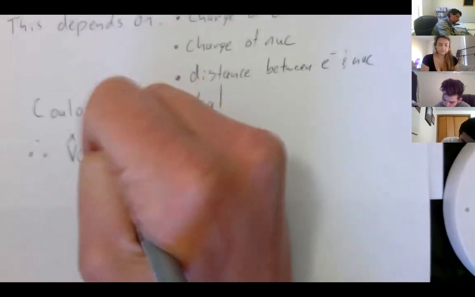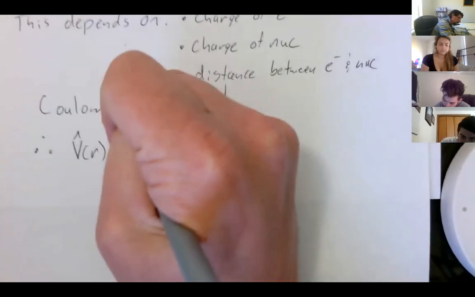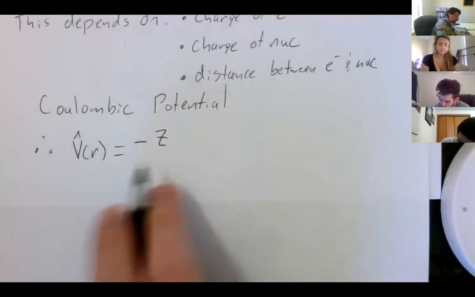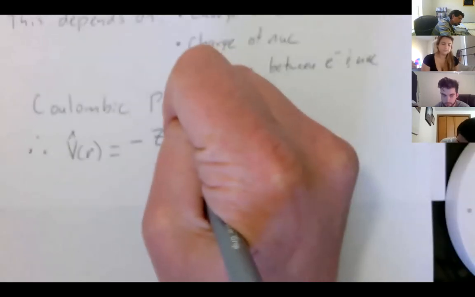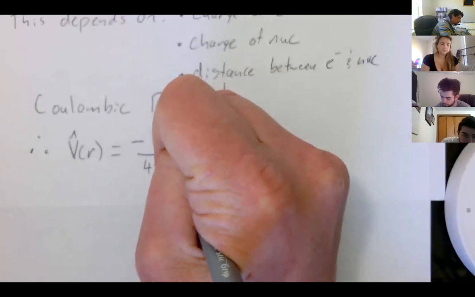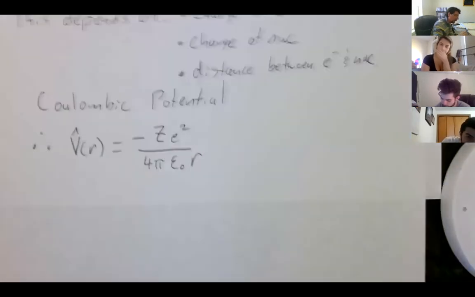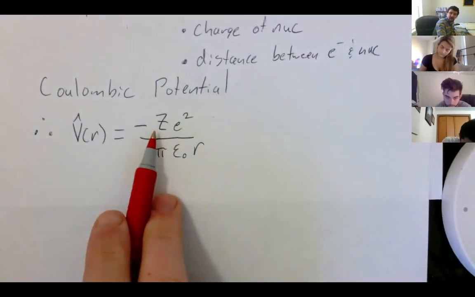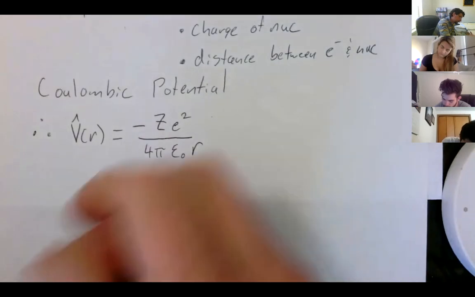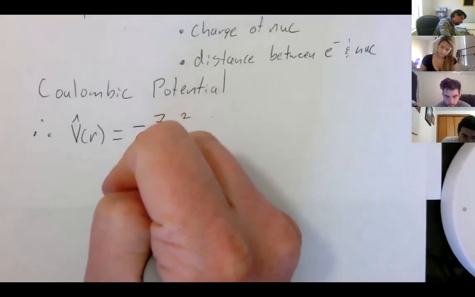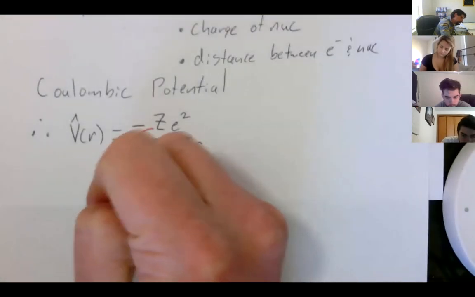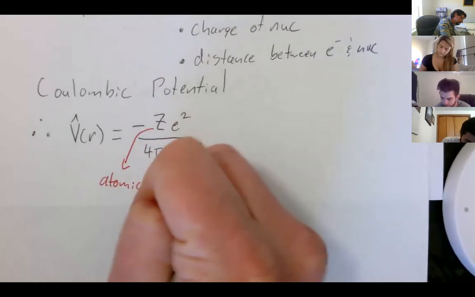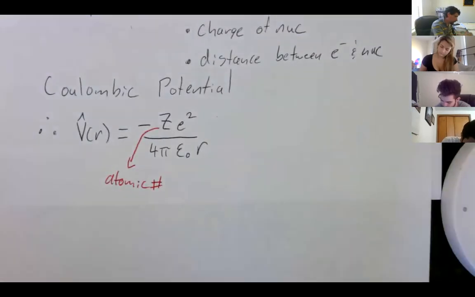Therefore, our operator is going to look like negative Z, which is the nuclear charge, e squared over 4 pi epsilon naught r. What's Z again? The atomic number, right? Or isn't that the charge of the atom? Atomic number or nuclear charge.